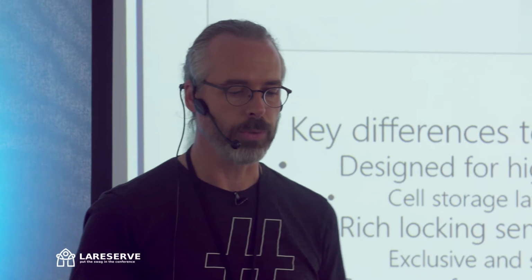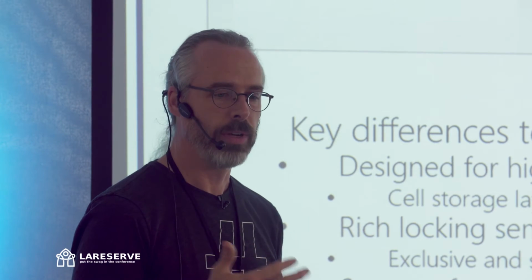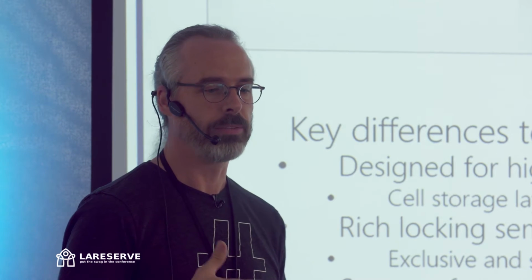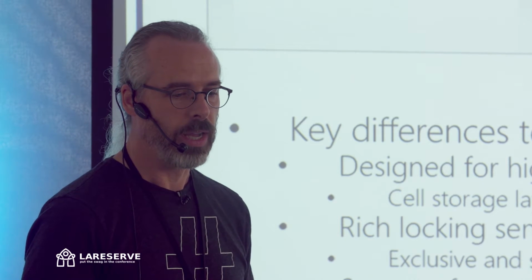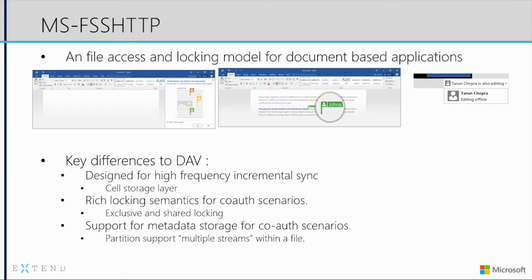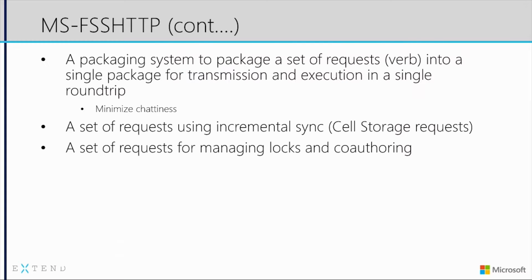It allowed us to go from something like WebDAV one step further and have much more efficient, high-frequency incremental syncs without sending too much data over the web. And then it gave rich locking semantics, exclusive and shared locking called schema locking, and also allows for metadata to go along with the file.